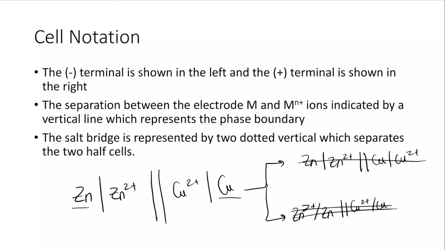I know that the two redox couples involved here are Zn2+/Zn and Cu2+/Cu. But in writing the cell notation of the galvanic cell, in our case Daniell's cell, the metal should be at the extremity, one line between the metal and the ion, the ions are inside, and two lines separate the two half cells, to point to the salt bridge.